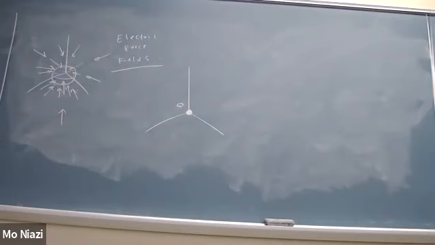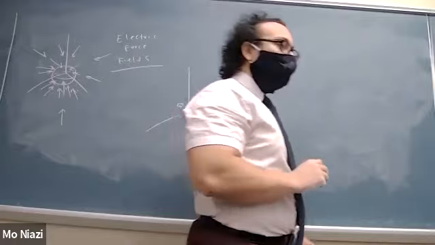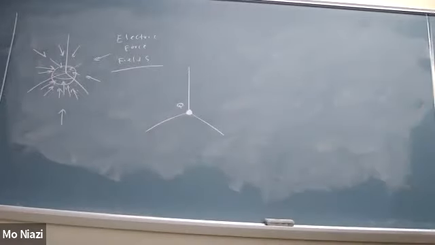Through experimentation, we noticed that some particles have this property and other particles have another property. Why don't we just call that property charge and say that these things have positive charge and these things have negative charge? It's like a bookkeeping technique.